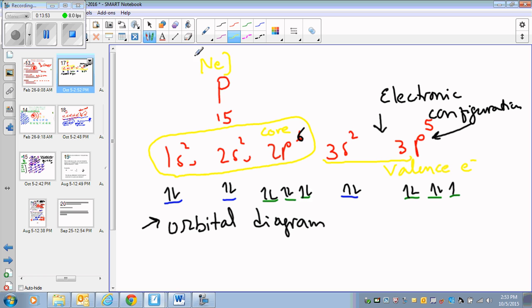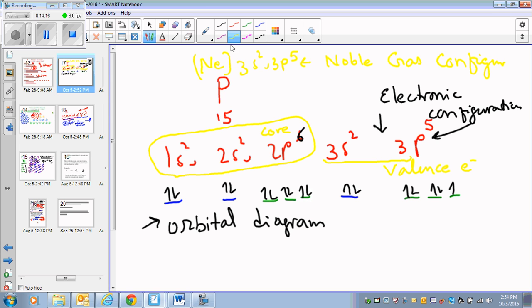So neon will replace the 10 electrons right here, and then I will say 3s2, 3p3. So this is the noble gas configuration. You need to understand the difference between the noble gas configuration, the actual standard electronic configuration, and the orbital diagram.